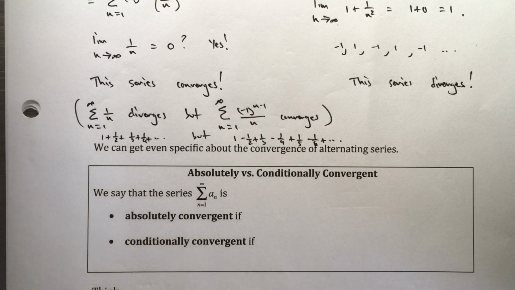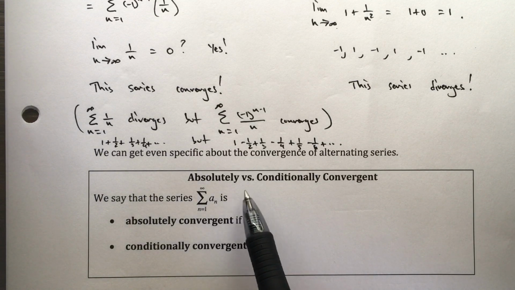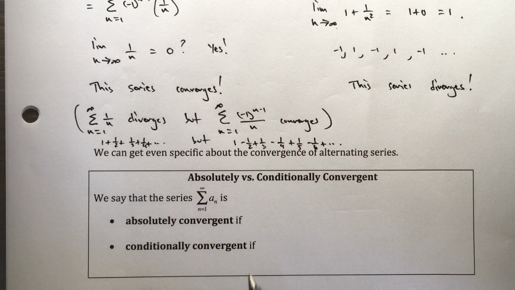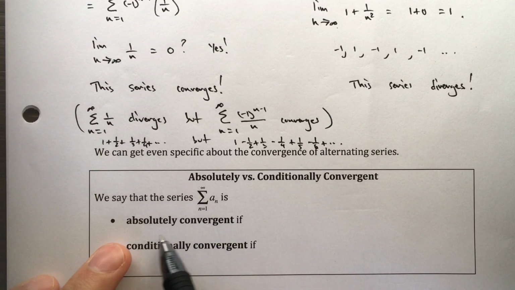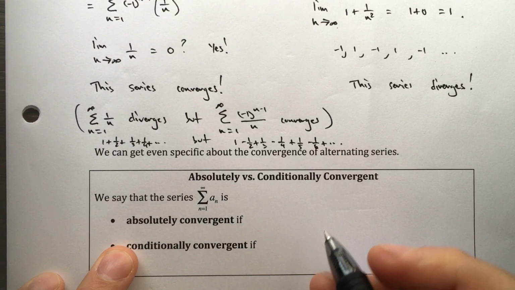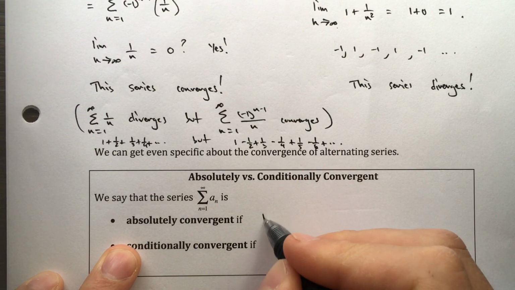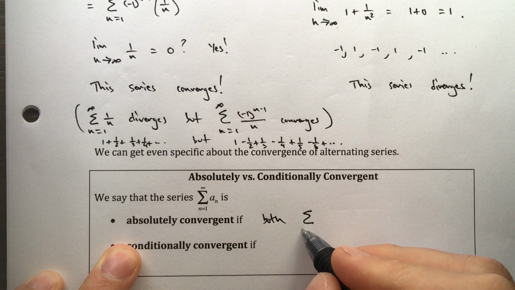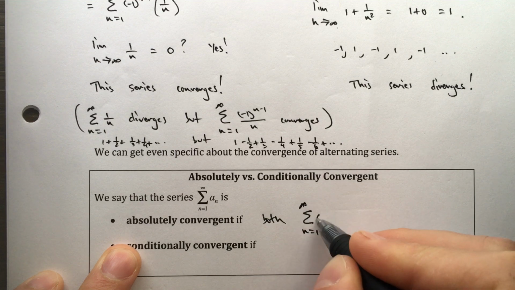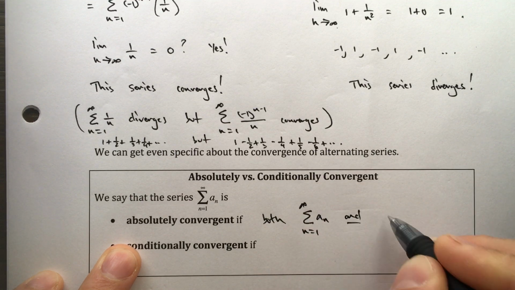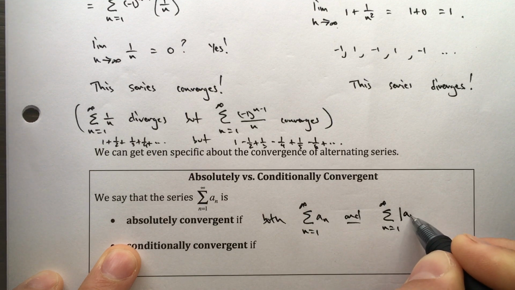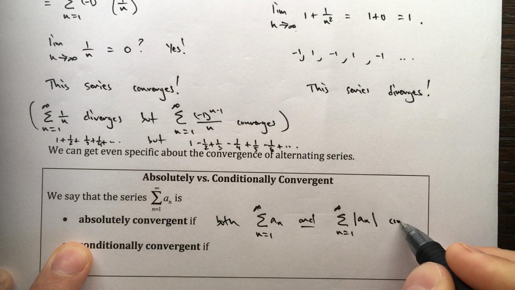Okay. So one more definition here is absolutely versus conditionally convergent. So we say that the series is absolutely convergent if both the series from n equals 1 to infinity of a sub n and the series from n equals 1 to infinity of absolute value a sub n converge.